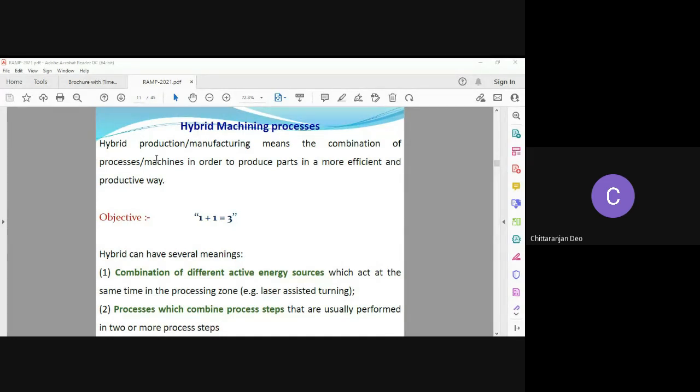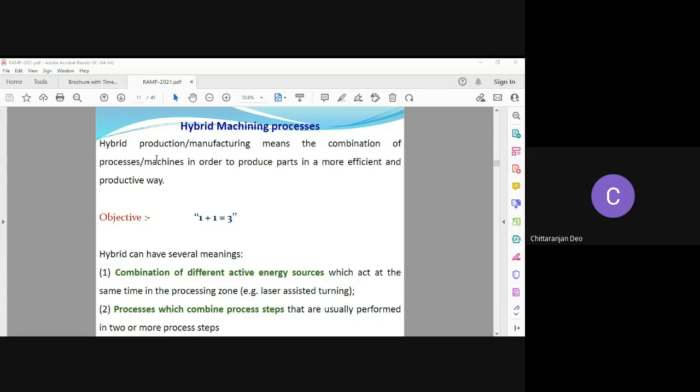A hybrid process can be used in different terms, like a combination of different active energy sources which act at the same time in the processing zone, or where all constituent processes are directly involved in metal removal, just like laser electrochemical machining, where both of these are combinedly responsible for machining.